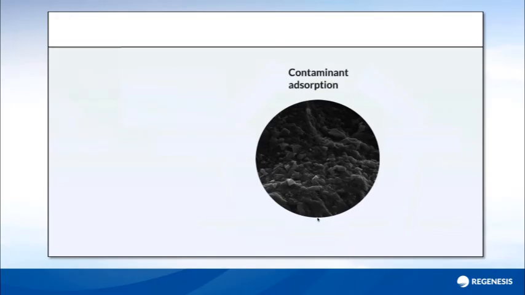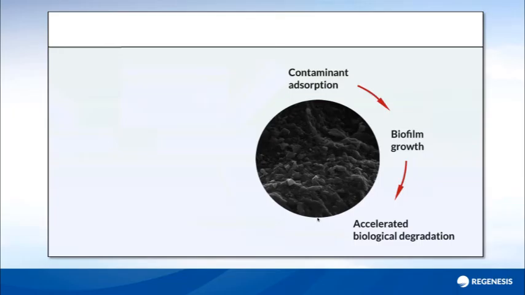Once it's in place, of course, we can stop injecting it. The material is there. We will start to get absorption of the contaminants into the carbon particles, which are now coating the sands, the silts, and the internal formation of the subsurface. Onto this, we will then start to get biofilm growth of the bacteria, which can degrade those contaminants. This will provide the accelerated biodestruction of the contaminants. So the carbon has cleaned the water, the bacteria have grown on the carbon, now the bacteria are cleaning the carbon.